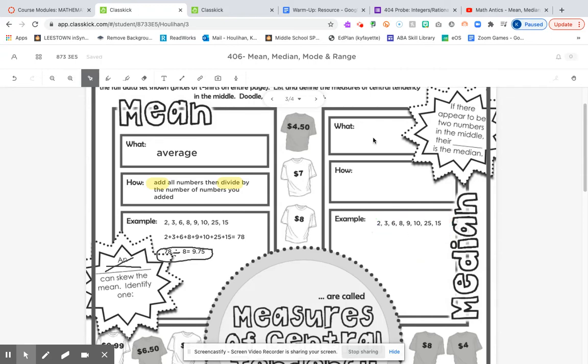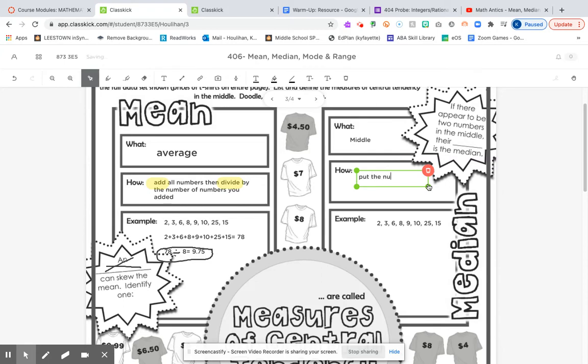All right, so what is the median? Well, he said it is the middle. It is the middle, median, middle. How do we find our median? To find it, we put them in order.